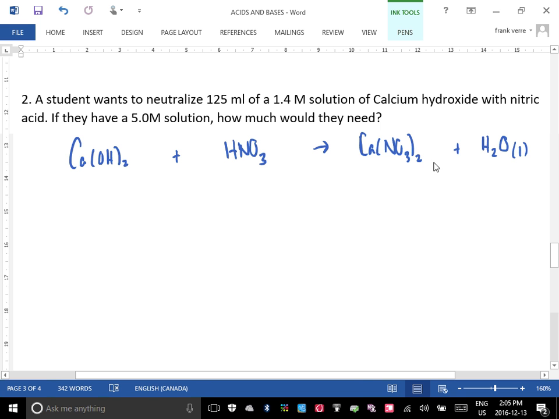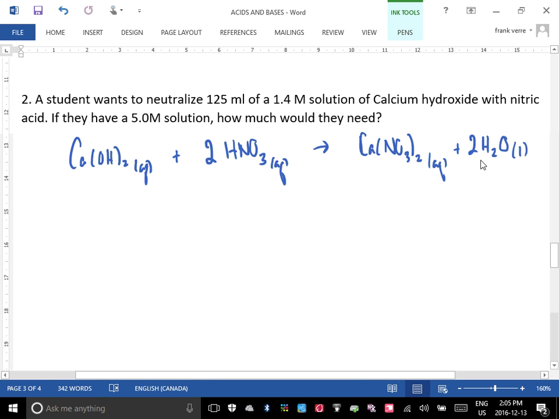We can add our subscripts. Okay. How is it balanced? So I need a 2 here and a 2 there. Okay, now it's balanced. All right.